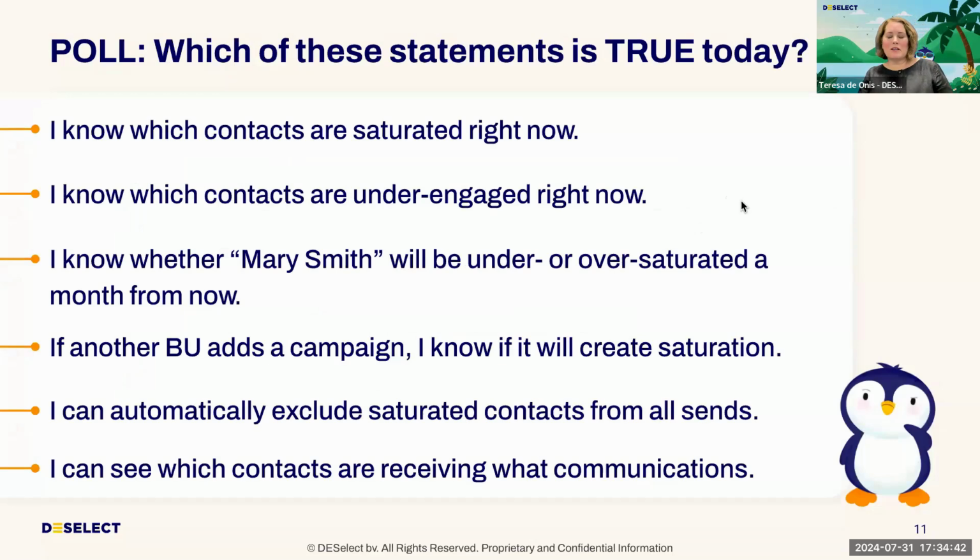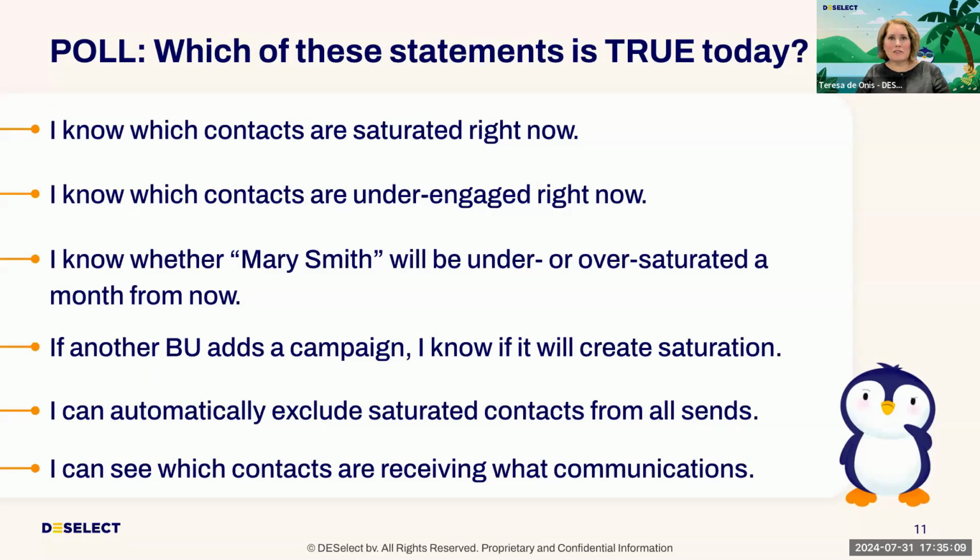Okay, so we've got another poll for you. We'd love to understand which of these statements is true today. I know which contacts are saturated right now. I know which contacts are under-engaged right now. I know whether Mary Smith, pick your contact, will be under- or oversaturated a month from now. I know if another BU adds a campaign, it will create saturation.